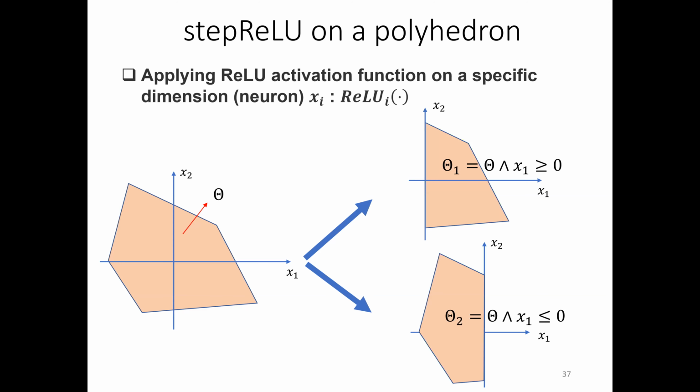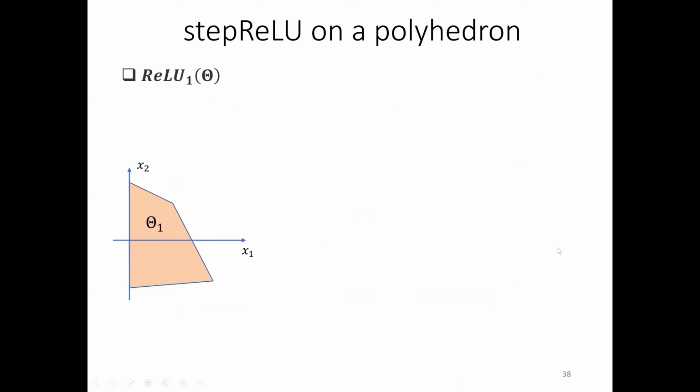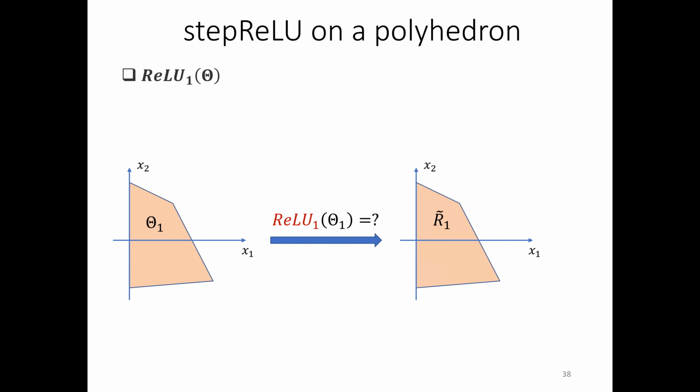If I consider the first case, x1 larger than 0, and I apply the ReLU activation function on the x1 dimension, what do you get? You get the same set, right? Is that true? Yes. Very simple, because we know that x1 is larger than 0.